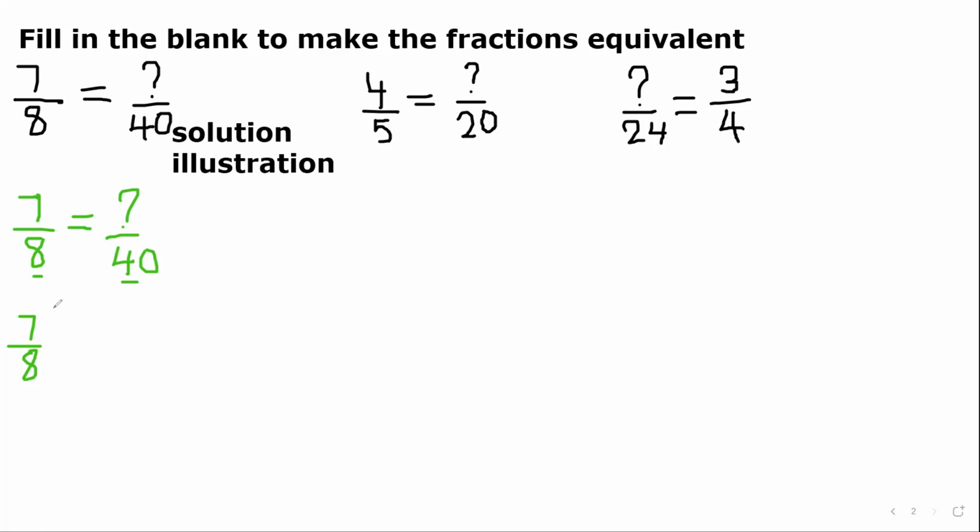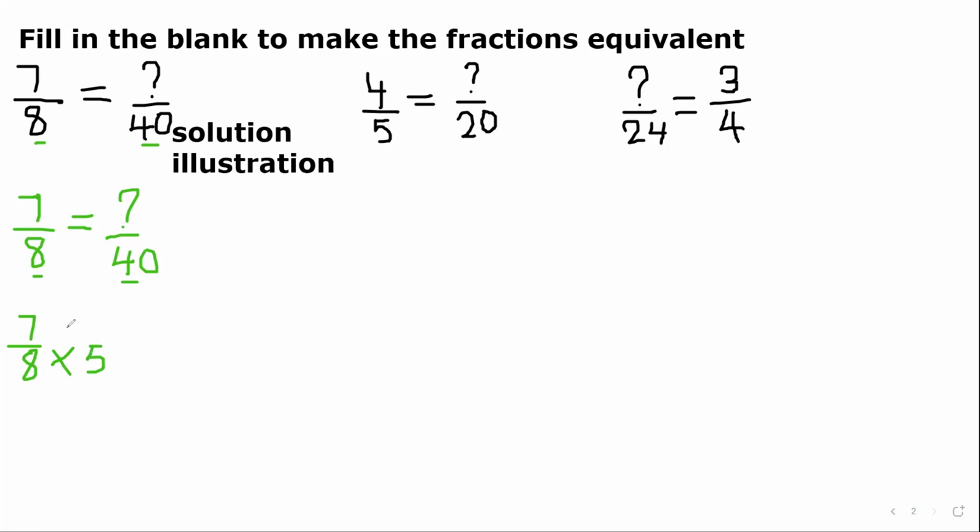Good. So the fact that we know the 8 and the 40, our work here will not be difficult. So you think about the multiples of 8 that will give you 40. Or what number do you think we multiply by the 8 that gives us 40? So here we multiply 8 by 5, and we said any number you multiply by the denominator must be used to multiply what?